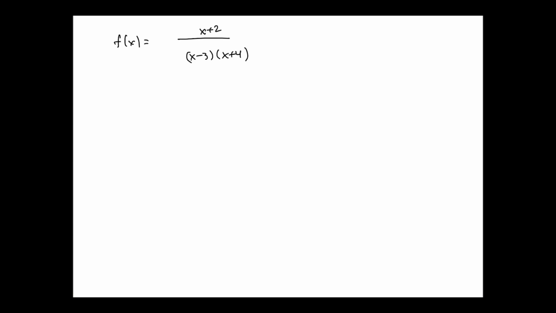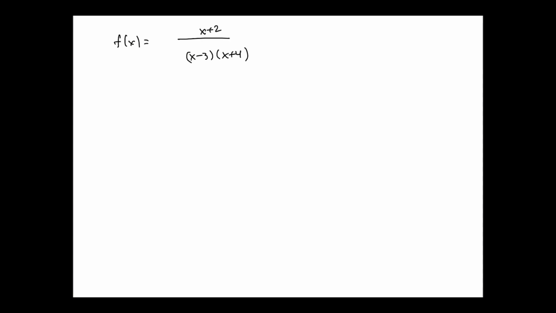The point of the day is to think about the limits of this function. So if I were to graph this, what am I going to see? There's going to be curvy stuff going on, right? But in particular, there are 2 very important lines that I need to draw. What are they? Actually, 3 of them.